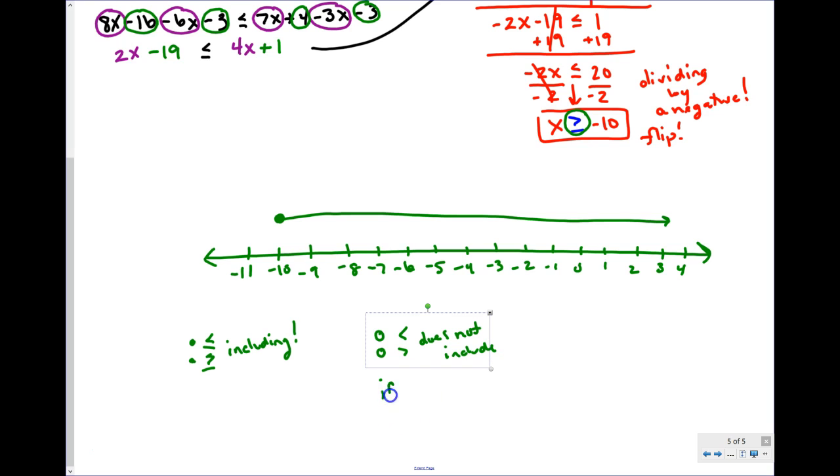If I say that x is greater than 2, could x be 2? No, x can't be 2, right? The 2 is not included. So that's why we have this open circle, closed circle situation, so we know what our inequality is stating.